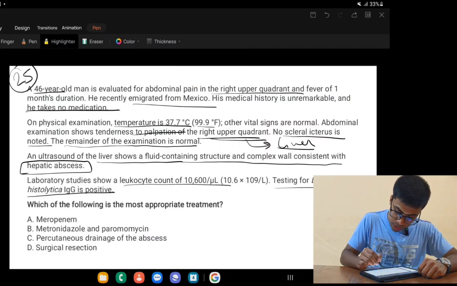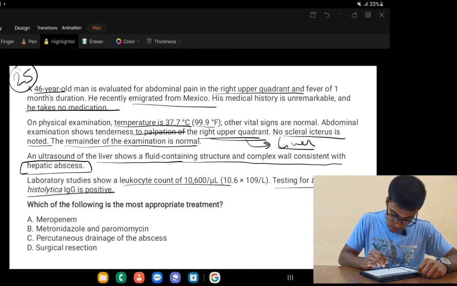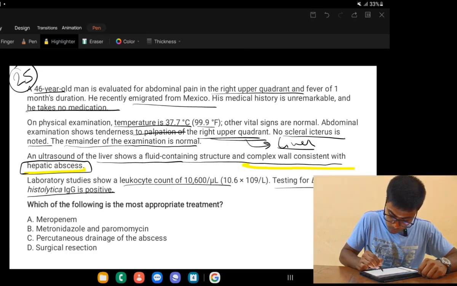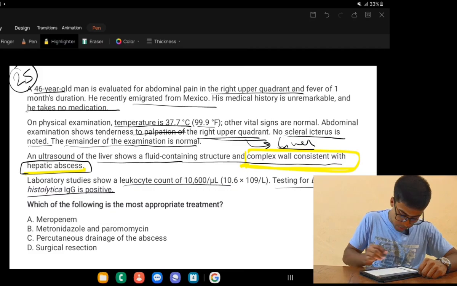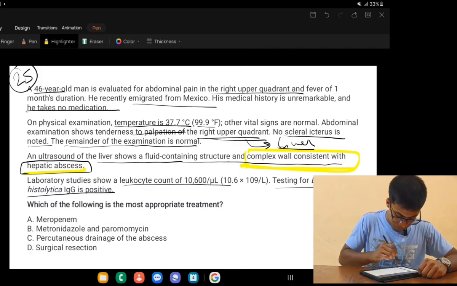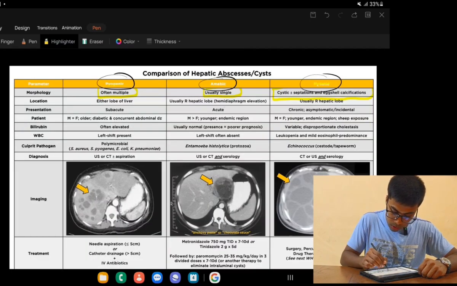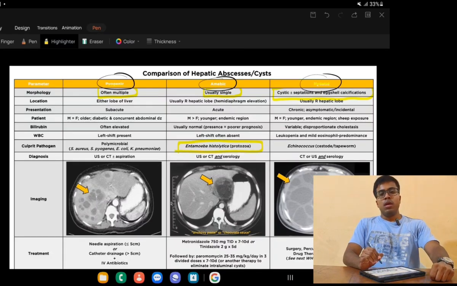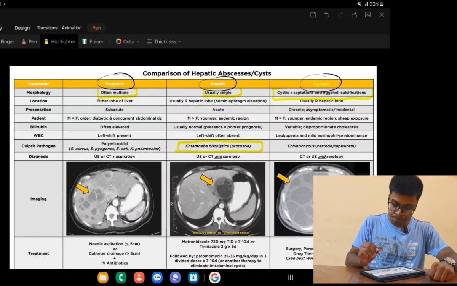Clearly they have made it a complex one, so probably it is a single lesion. And Entamoeba histolytica was again a history clincher, a hint for us.